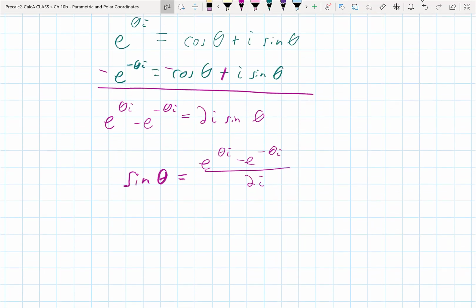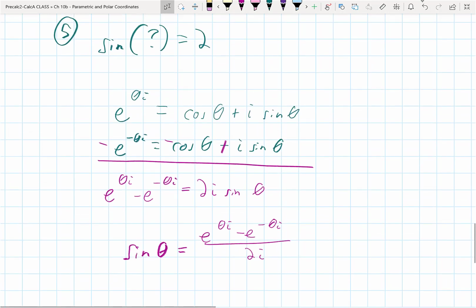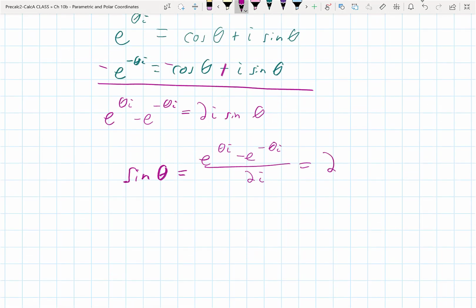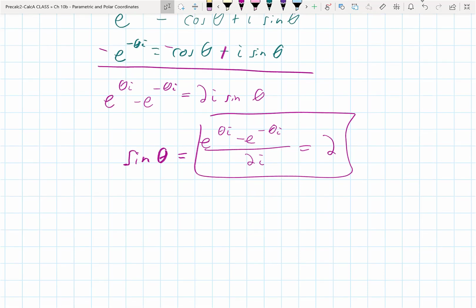So basically now my task is I want to figure out the sine of what is equal to 2. I'm going to set this equal to 2 and actually solve this for theta. I'm going to do that first by multiplying both sides by 2i, so I get e to the theta i minus e to the negative theta i is equal to 4i.